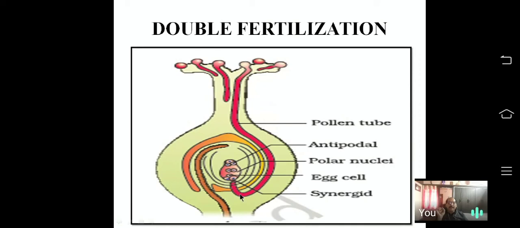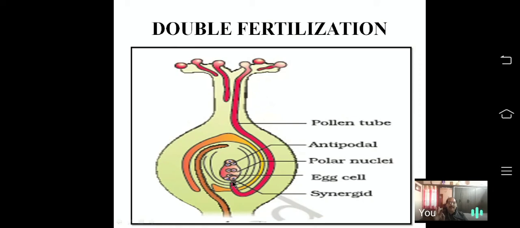Next, this pollen tube enters into the embryo sac or female gametophyte. That passes through the micropylar region, at the vicinity of the embryo sac.